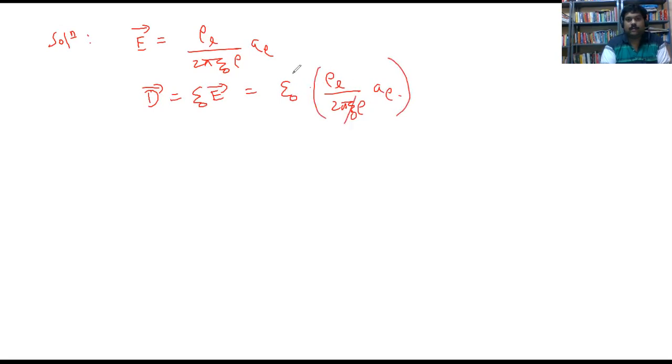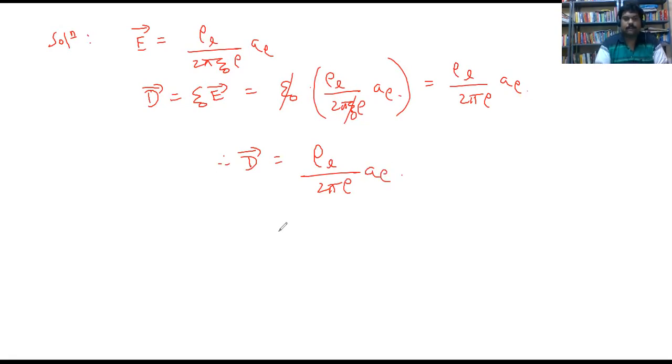So epsilon naught gets cancelled. What remains is rho L by 2 pi rho into a rho. Therefore D equals rho L by 2 pi rho into a rho.